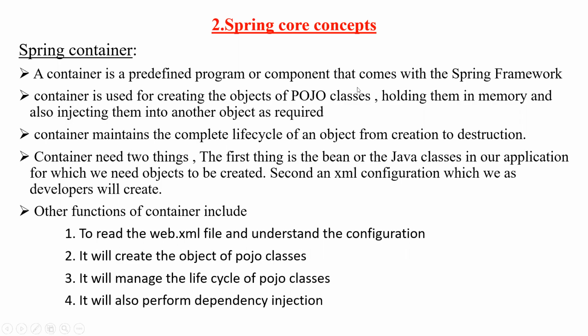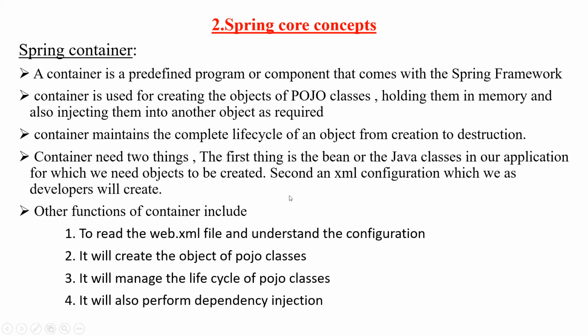So for the container to perform all these things, it needs two inputs. The first input is a Java bean or POJO class. The second input is XML configuration. You have to provide an XML configuration, in which you write the full configuration, meaning for which class you want the object and what variables you are going to inject.